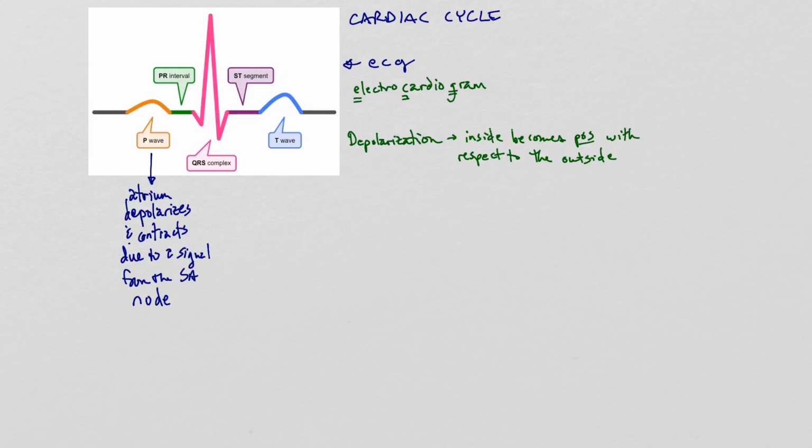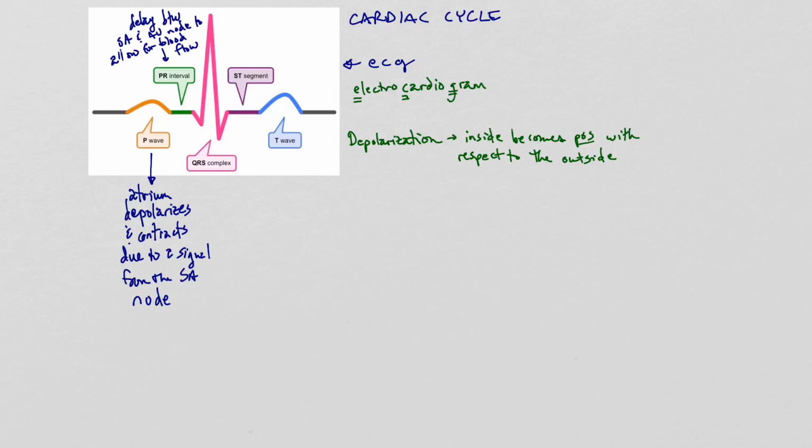Okay, so the atriums contract. Then we get a little bit of a gap to allow for blood flow. So the PR interval is that delay. It's that delay between the SA and the AV node to allow for blood flow. Then we have our big QRS complex.